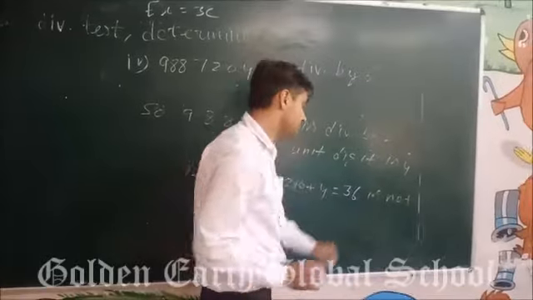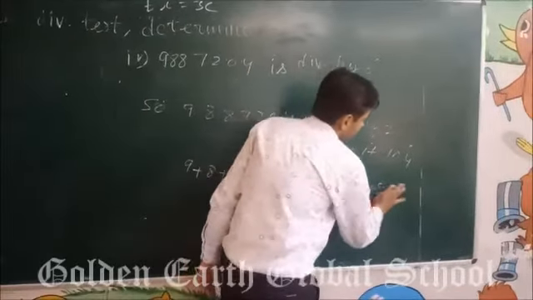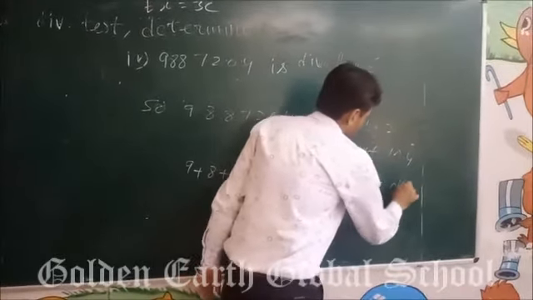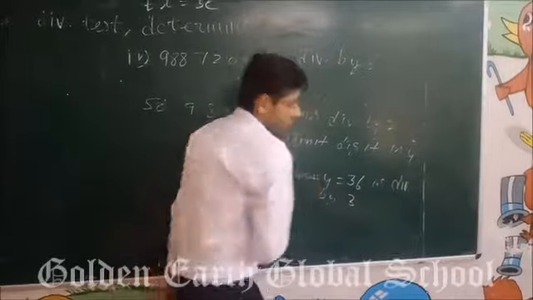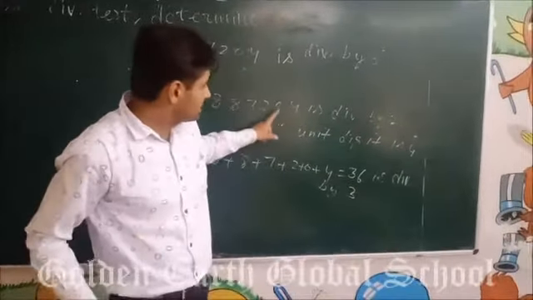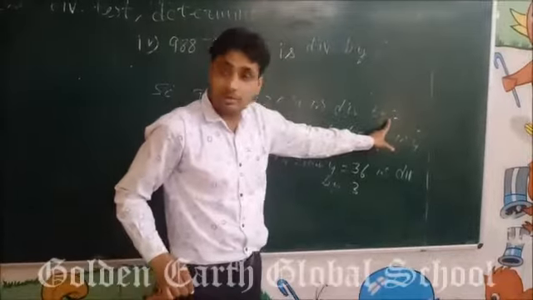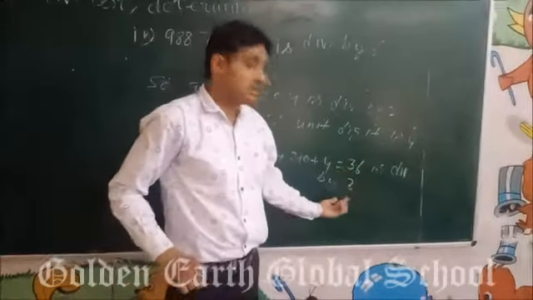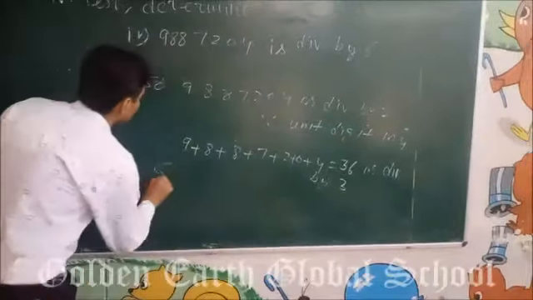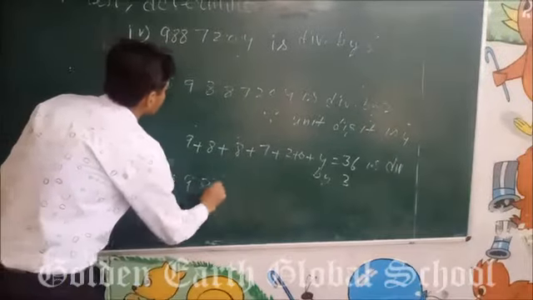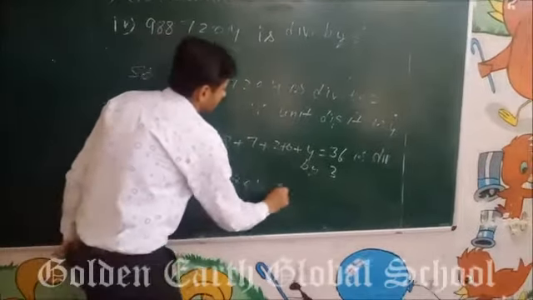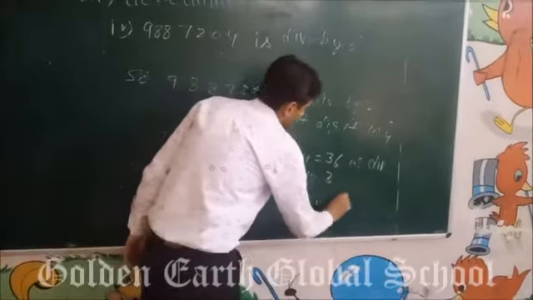So 36 is divisible by 3. It is divisible by 2 and also by 3, so 9887204 is divisible by 6.